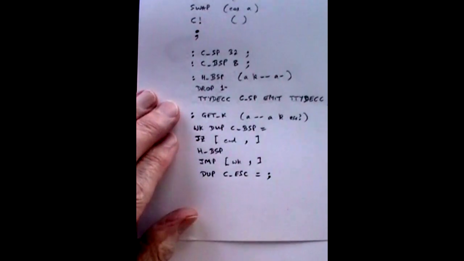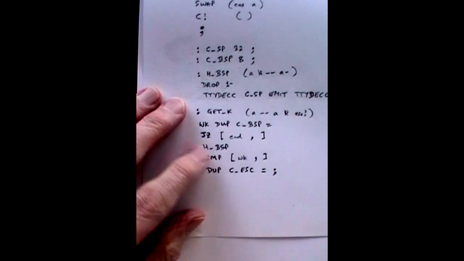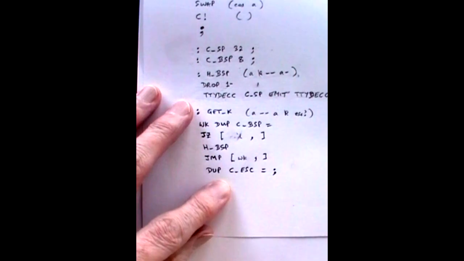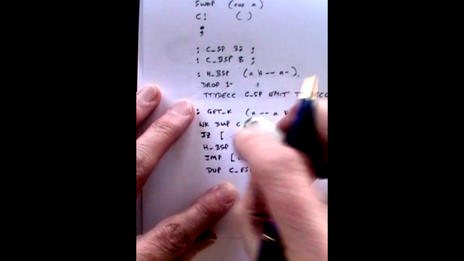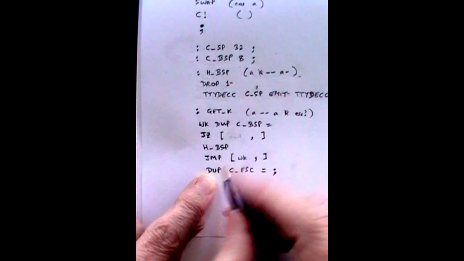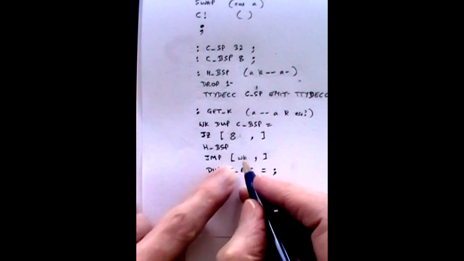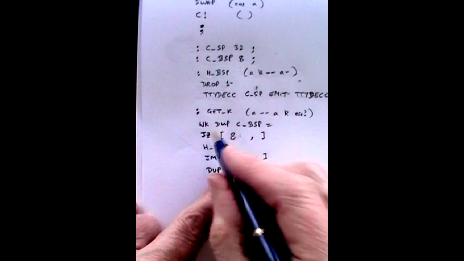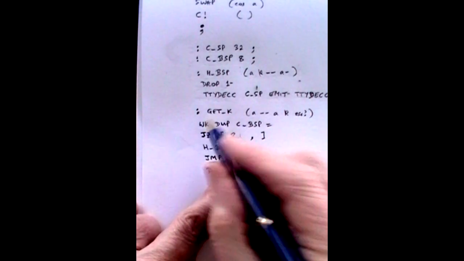And that's it. I didn't do the same for this one. The get key value is very similar. Jump to the end, which is here, 2, 4, 6, 8. And this one, 2, 4, 6, 8, 10, 12, 14, 16.